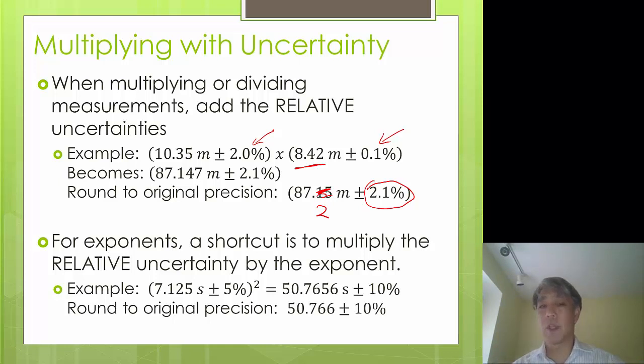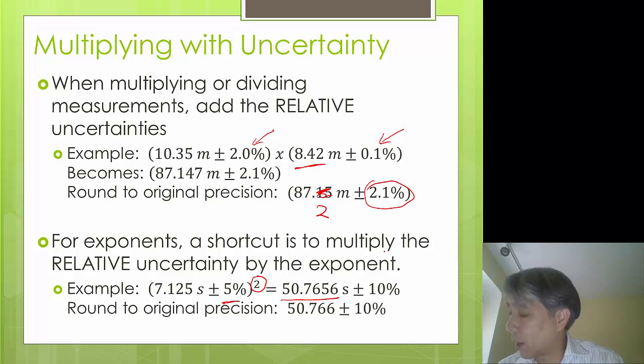When I have numbers taken to an exponent, squared, to the 1/2, cubed, okay, a number taken to an exponent, then we basically just multiply the relative uncertainty by that exponent. So in this case, I have 7.125 seconds plus or minus 5% squared. Okay, so I want to take this 5 and multiply it by the 2. In that case, 7.125 becomes this.